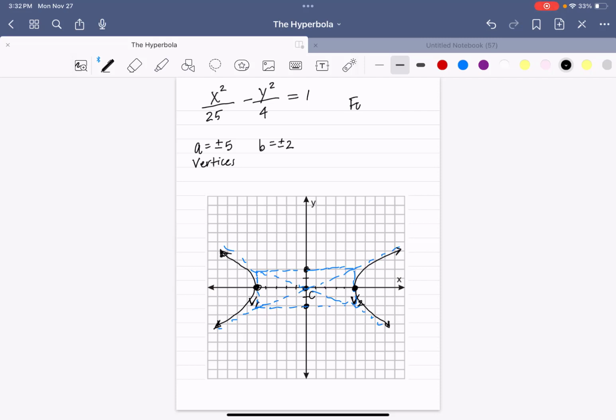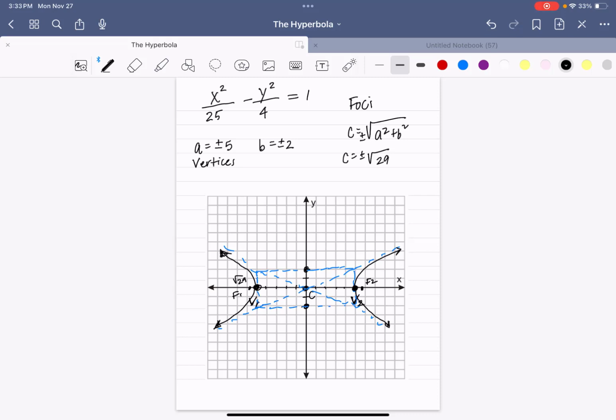Now the foci are going to be at c equals plus and minus the square root of a squared plus b squared. So I've got 25 plus 4, so c is going to be plus or minus the square root of 29. Now that's somewhere between 5 and 6, so it's somewhere about in here, at the square root of 29.